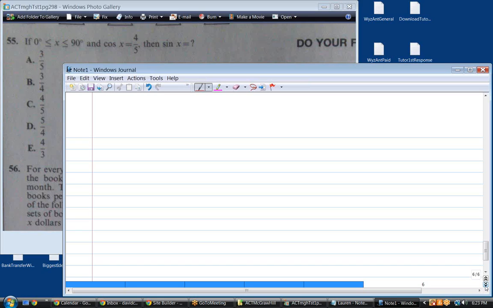They're telling us the value of the cosine of x, and they're asking us the value of the sine of x. Whenever you get that kind of problem, the first step is to draw a triangle and label x. X is an angle, remember.